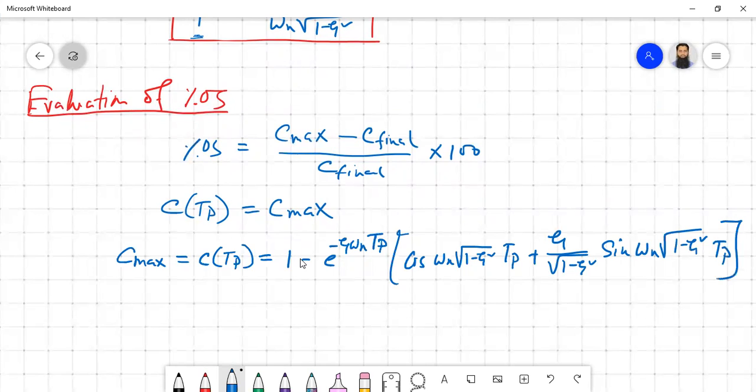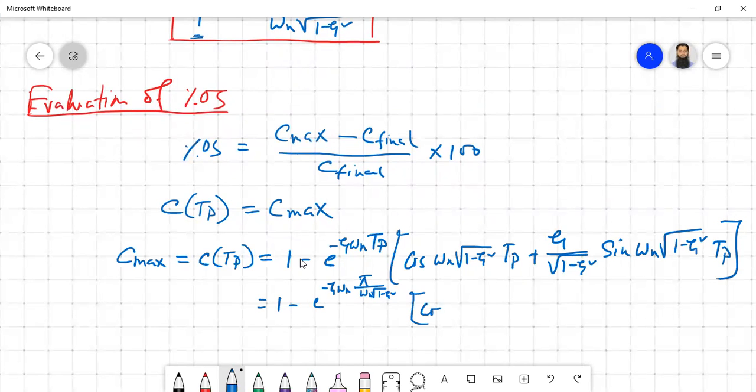Now just put the value of Tp, which is π by ω_n root over 1 minus ζ².